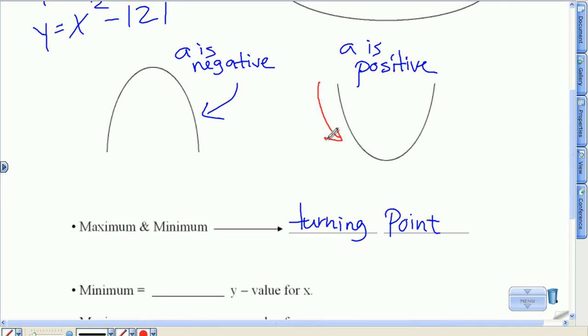So the more you move in this direction, which is x is increasing, the y value is getting smaller. Once you reach a point right here, then as x increases, y starts to increase. So y was going down until we hit that point, and then y starts going back up. So this point here is called the turning point.